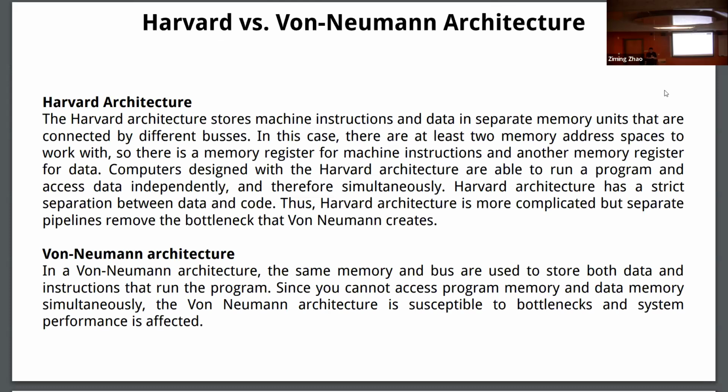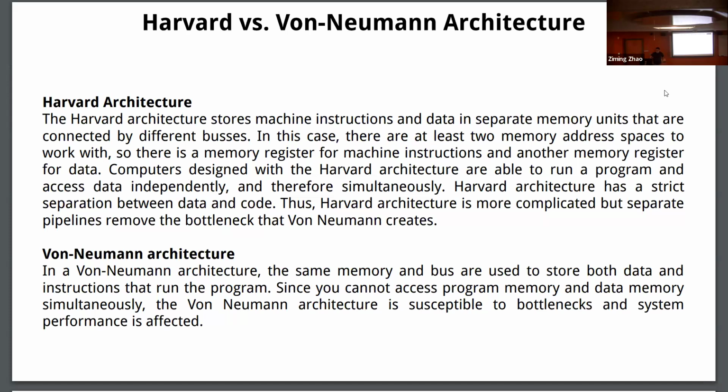So the idea of separating the permission of execution and read is actually not new. This can date back to the idea of the Harvard and the von Neumann architecture.